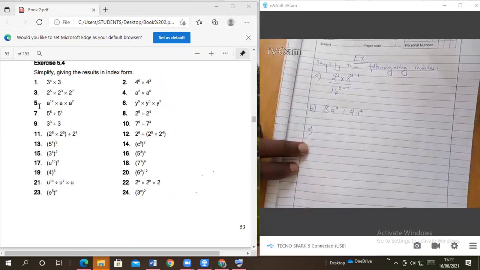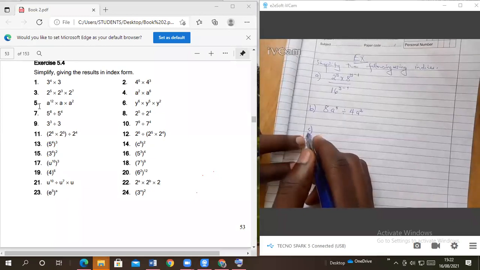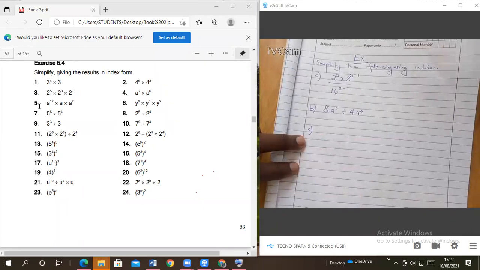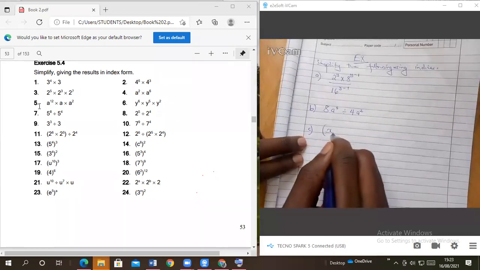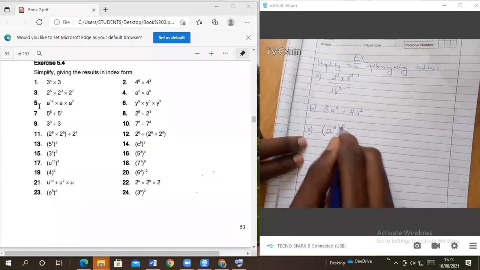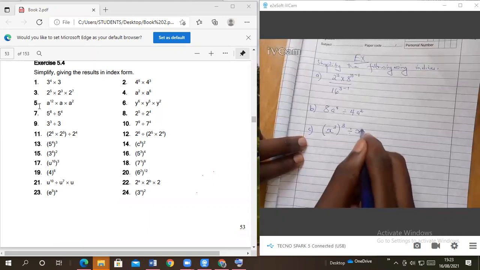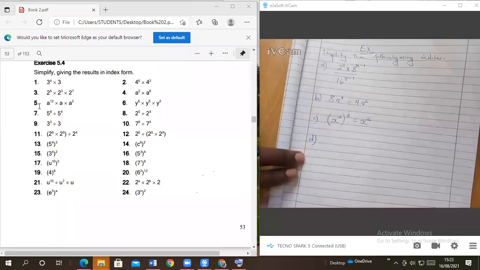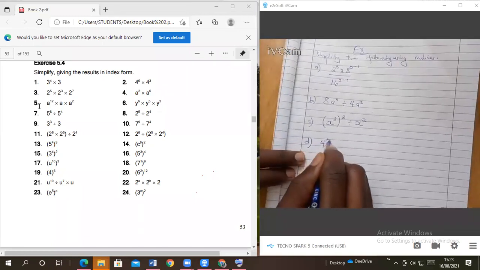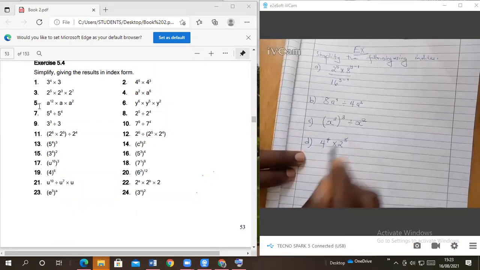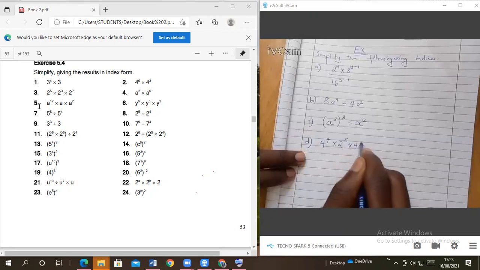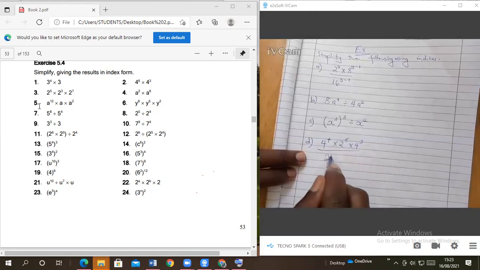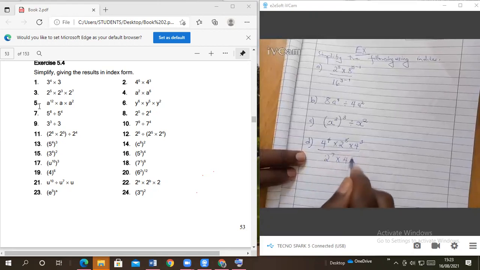C. I have x cubed over x squared. D, the last one, I have 4 to the power 4 times 2 to the power 8 times 4 to the power 3 divided by 2 to the power 7 times 4 to the power 6.